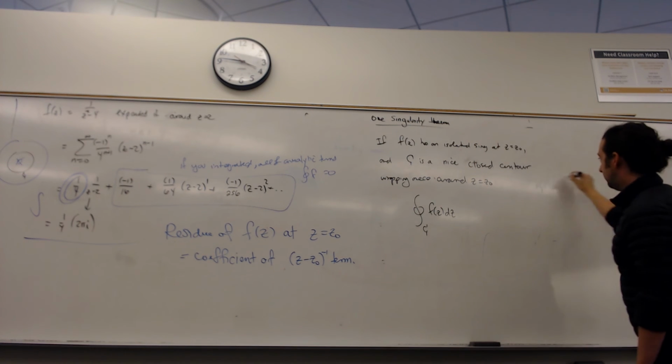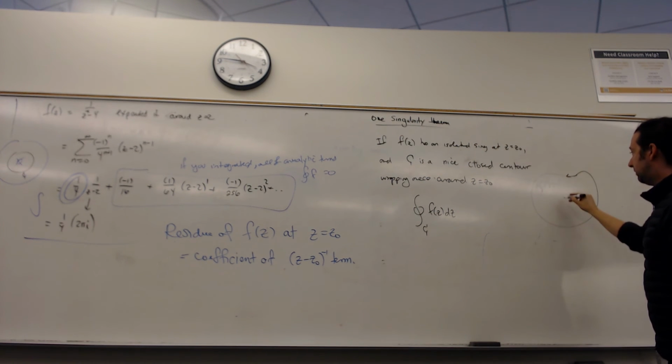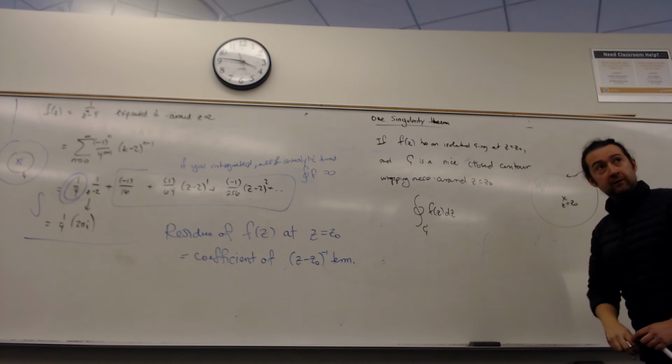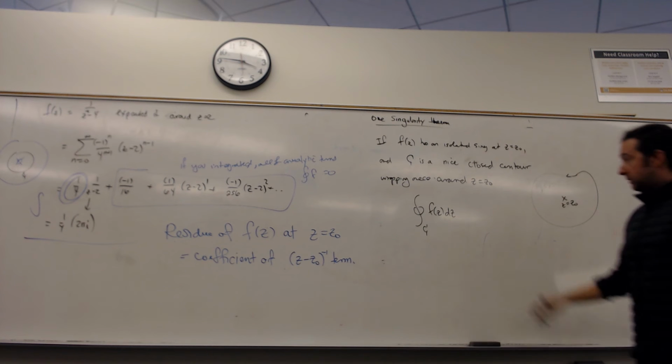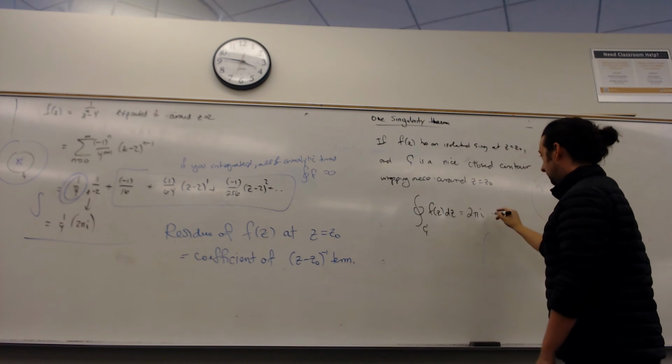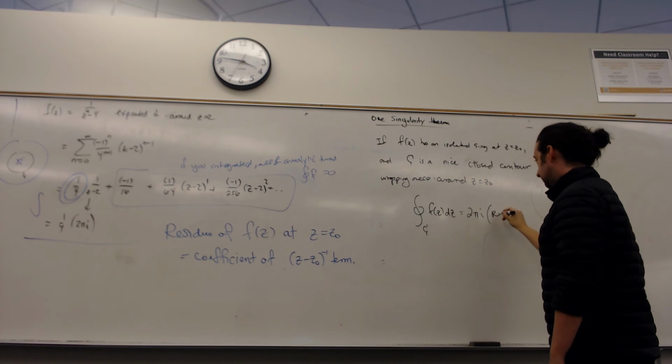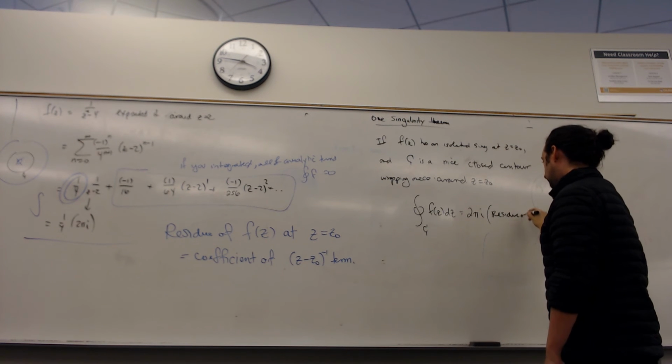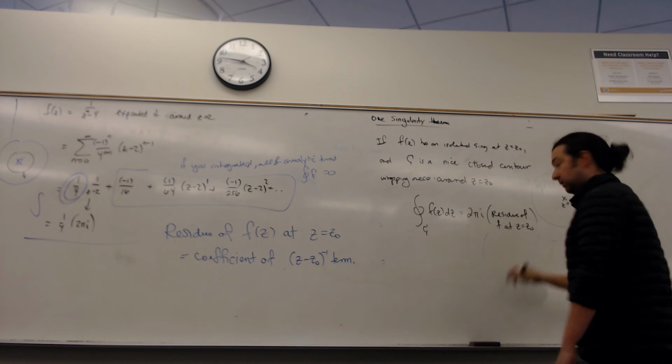The setup here is we've got a simple closed contour that goes one time around this singular point at z equal to z naught.